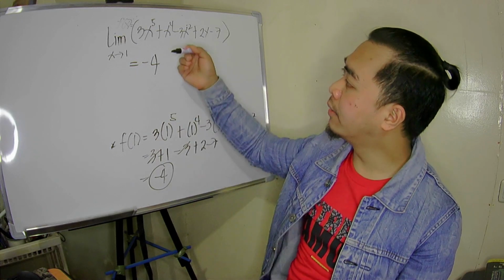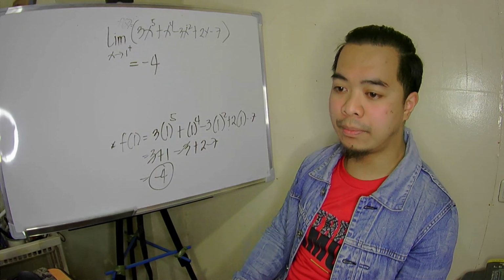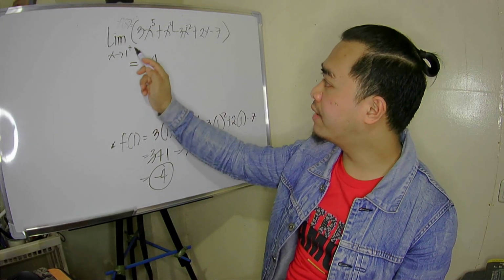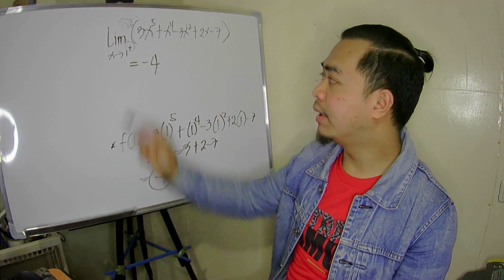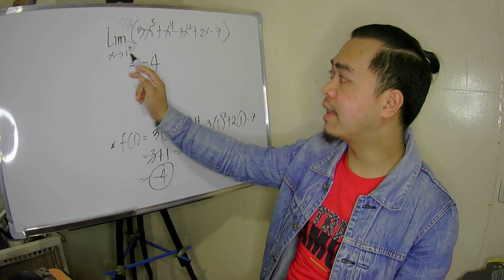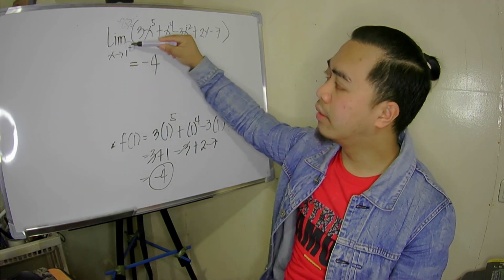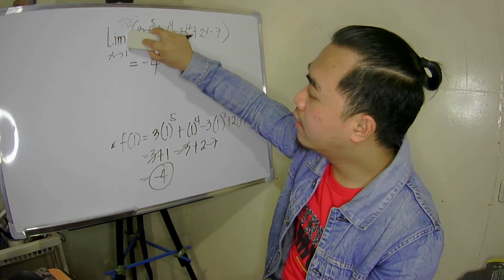One-sided limits? Kapag ang tanong, ganyan, that means a one-sided limit. If we can see a superscript dito, that is a one-sided limit. That is either a right-hand side limit or a left-hand side limit. Pero, originally, wala, no?